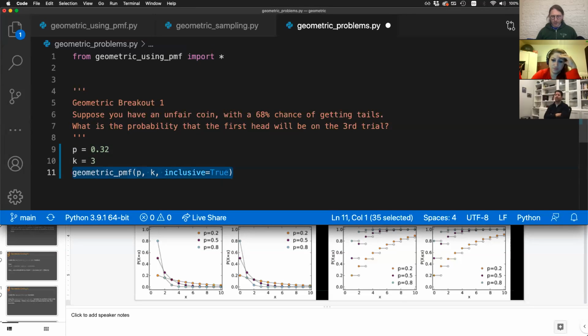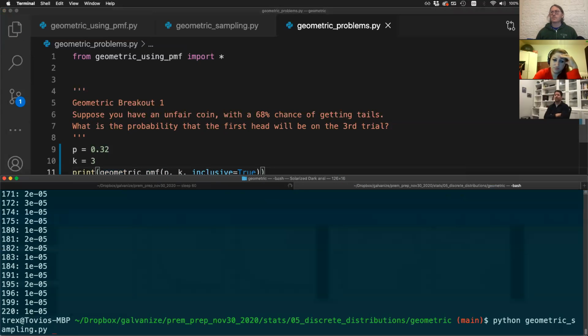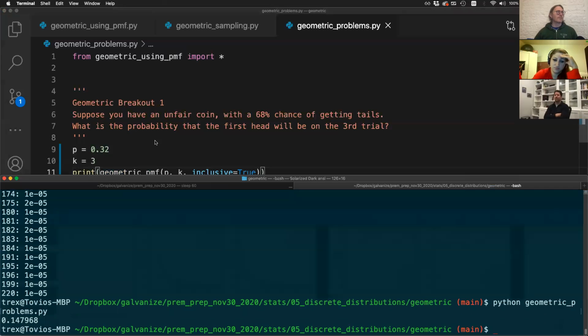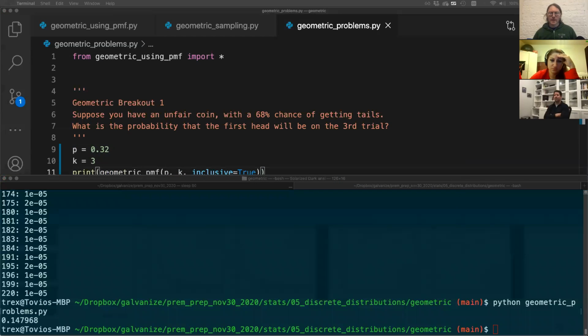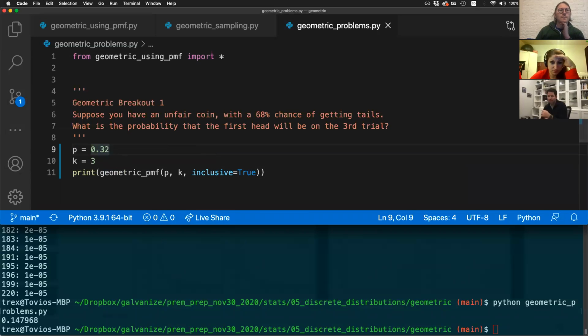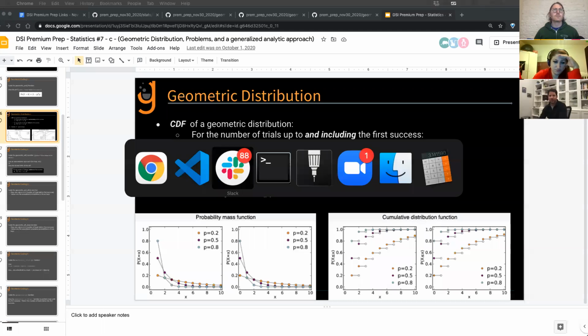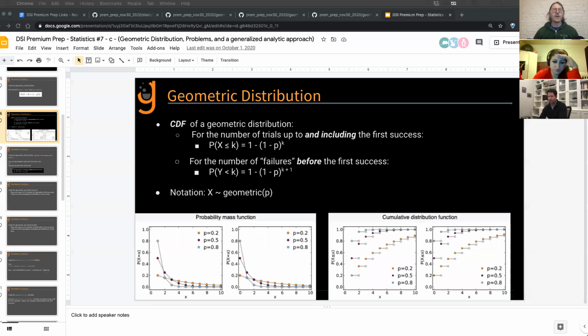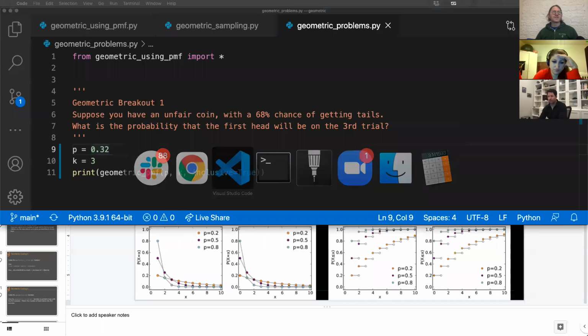I'll just be explicit here about that. And let's print the results. 0.147, so 0.148. Anybody else seeing that as a result? Okay, there's some consensus on that.